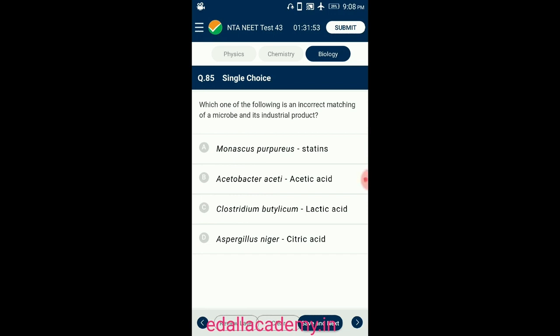It also belongs to bacteria. The product is butyric acid. It is also used industrially. Fourth one is Monascus purpureus. It belongs to yeast fungus. The product obtained from this microorganism is statins. It is used as a blood cholesterol reducing agent. Clostridium butylicum, lactic acid. This one is an incorrect match.